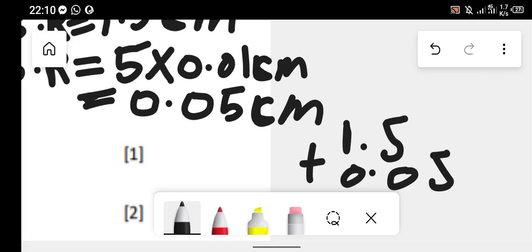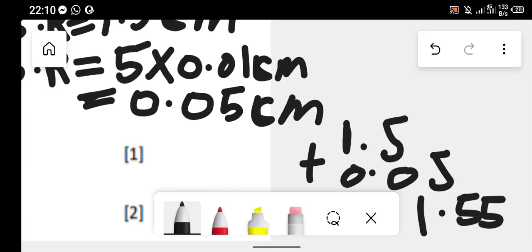So when you add here, what will you get? You're going to get 1.55 centimeters. So that's how you find the reading on that diagram, or that's how you read the vernier calipers.